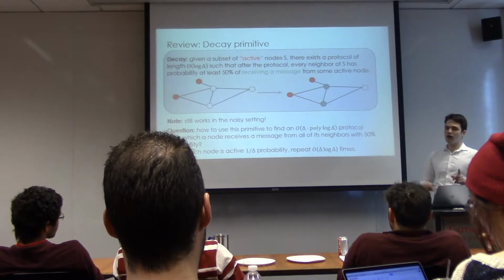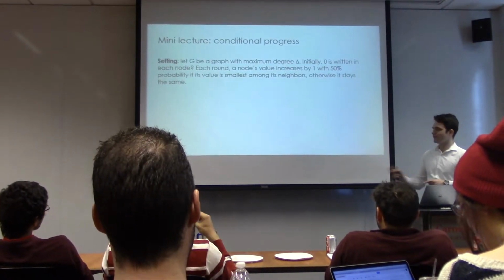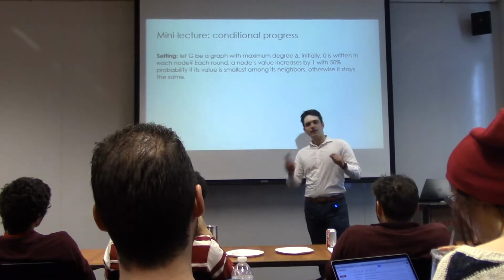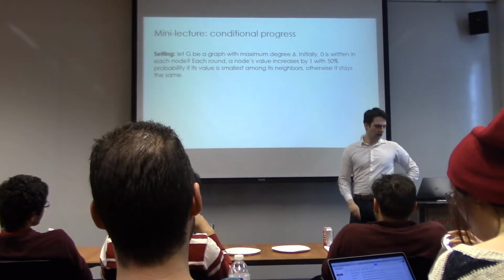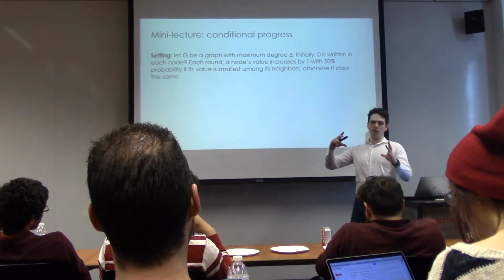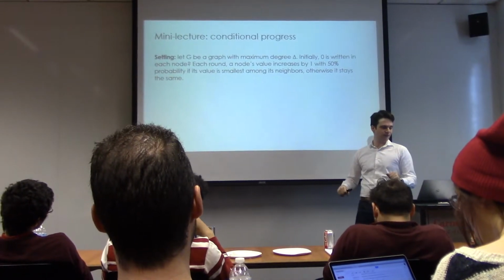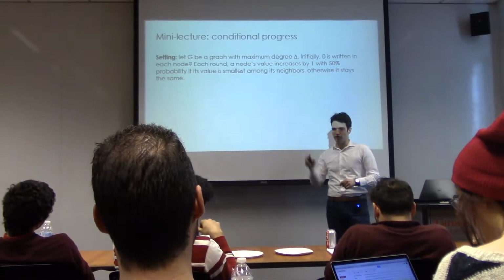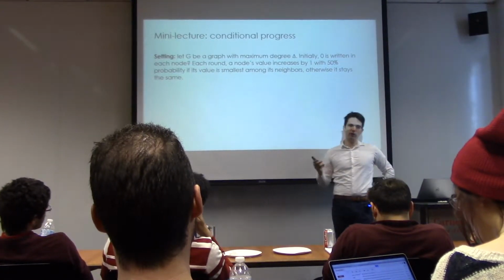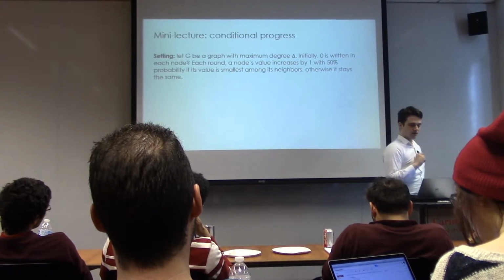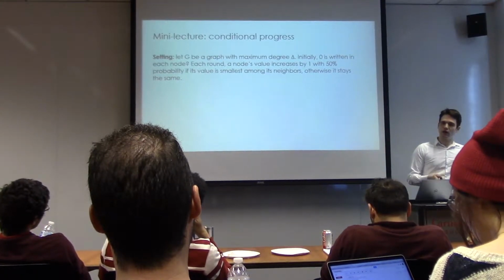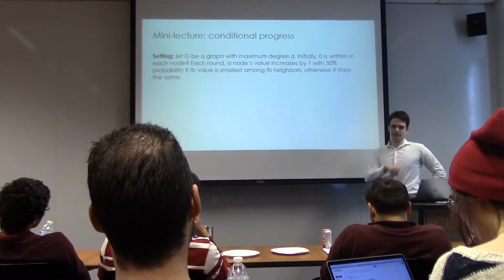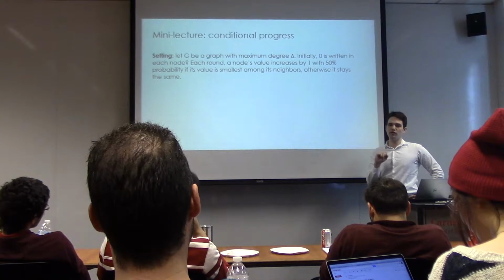Fine. So now let's step out into a standalone probability fact that I call the conditional progress. The setting is the following. Let's say you have a graph of maximum degree delta. Initially, you have a number, 0, written in each one of the nodes. Now we do the following advancement of the numbers. You have a bunch of rounds. In each round, first you look: are you the smallest in your neighborhood? Is there anyone smaller in your neighborhood?